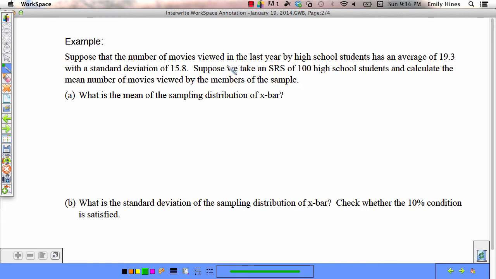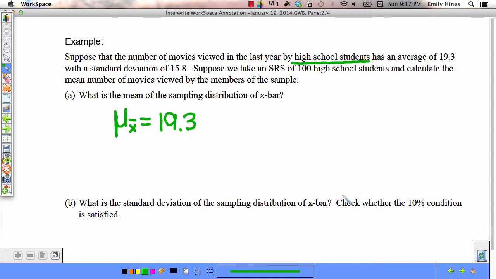Well, that would be if I took this population of high school students, okay, that's my population, and I took every possible sample of 100. And for every possible sample of 100, I calculated the mean of each sample. And then I took the mean of all those means. Well, that mean of all of those means would be equal to my population mean of 19.3.